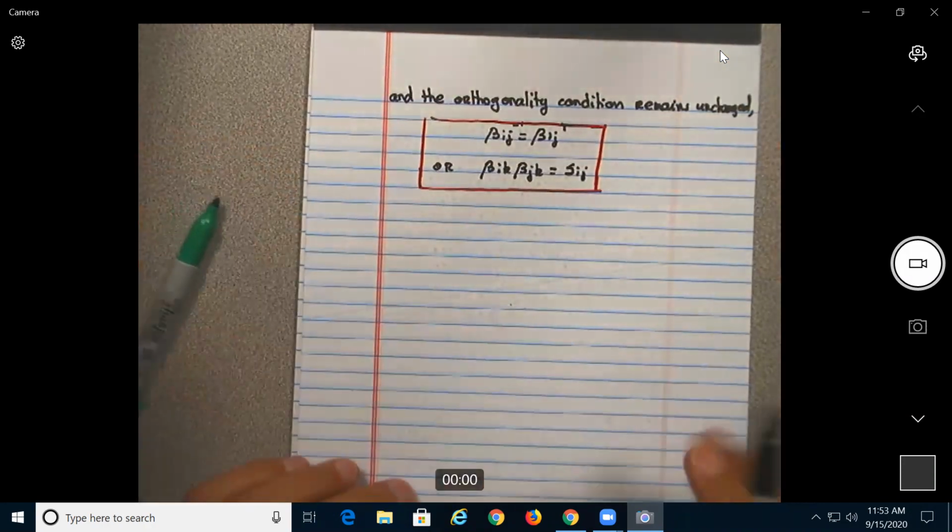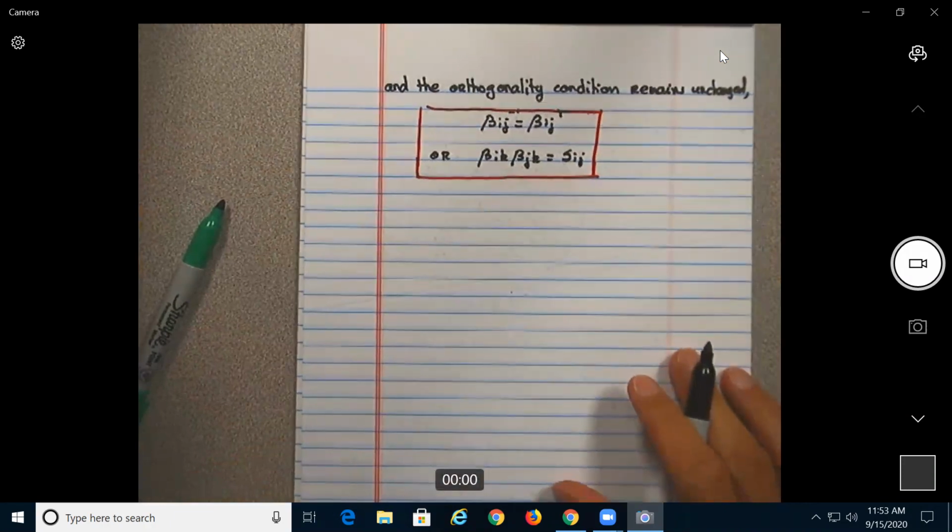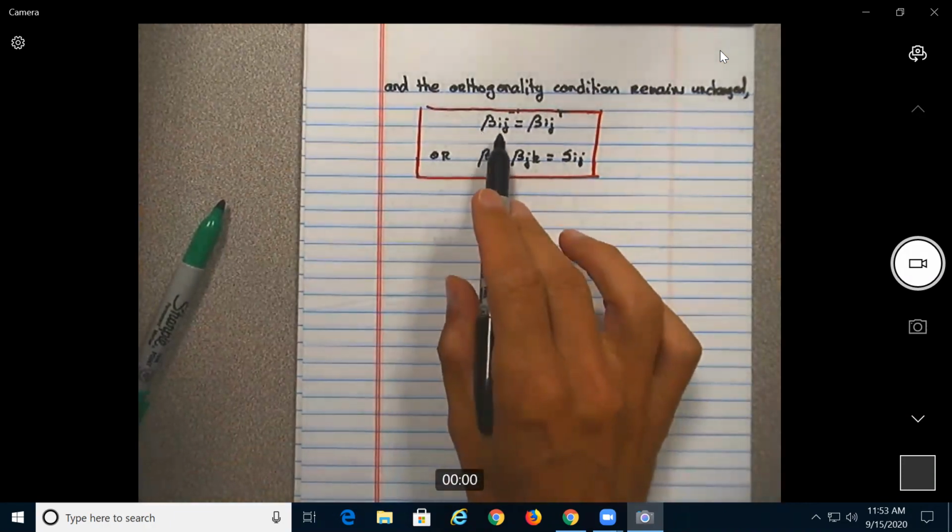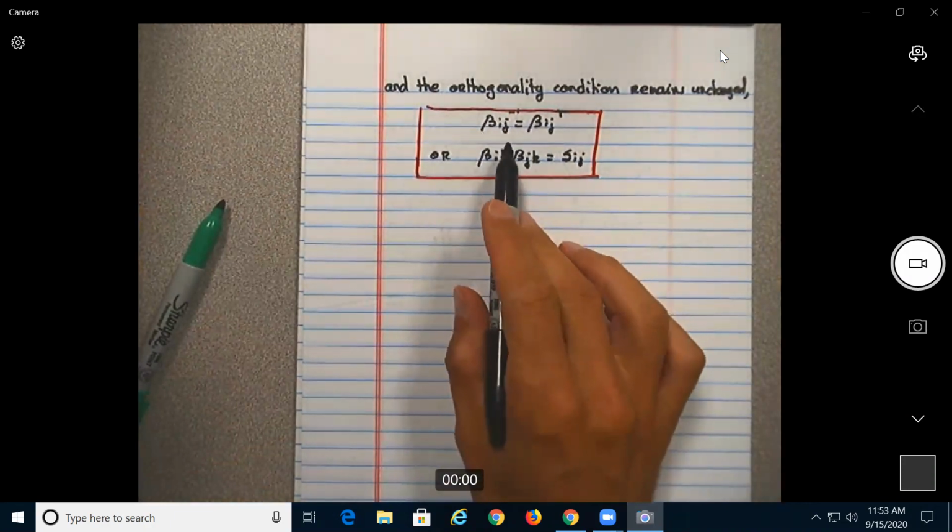no? All right? So now I'm just going to give you the value of these beta matrices for the 3D case.